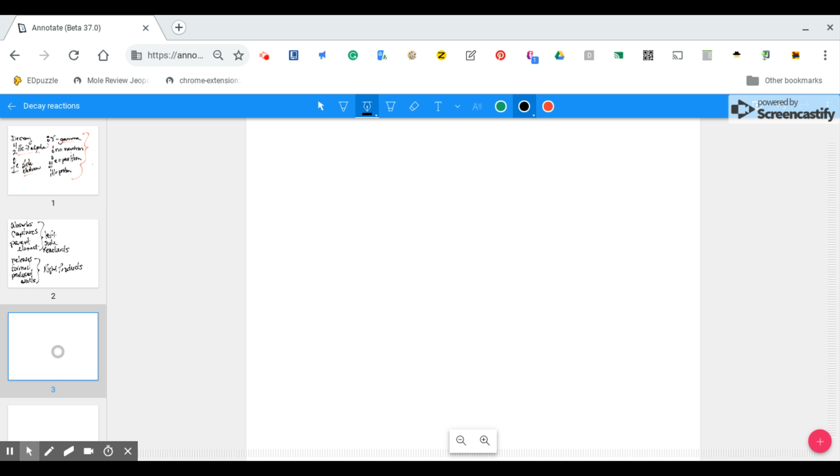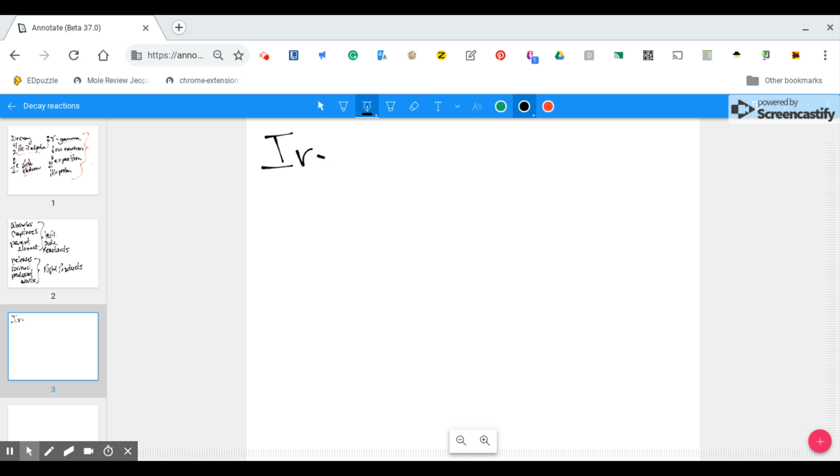All right, now let's look at a reaction so you can see what I'm talking about. Let's say that I have iridium 77. No, sorry, I got to change and put the mass.